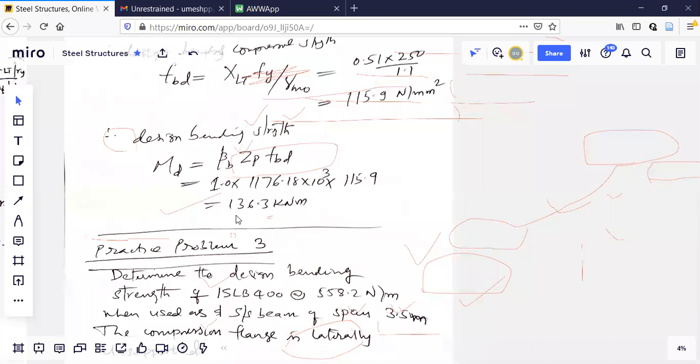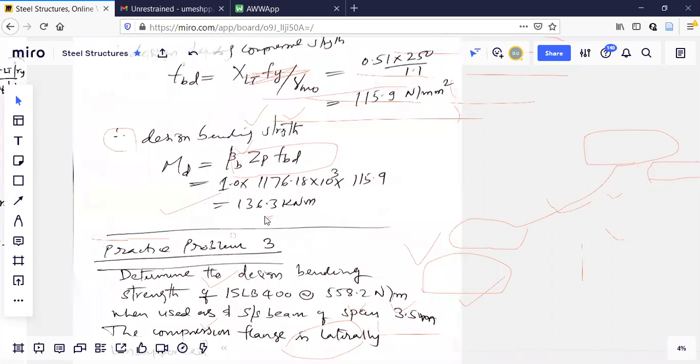It means it is the maximum bending moment that this beam can take with those boundary conditions and that much span. So whatever load is placed on it, any point load or combination of point loads or UDL, the maximum moment anywhere should not exceed 136.3 for this particular beam of given cross-sectional parameters, given length and given boundary conditions.